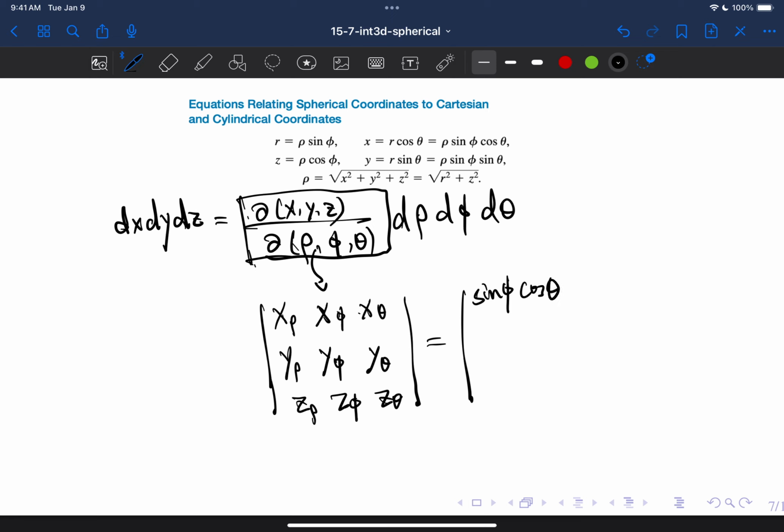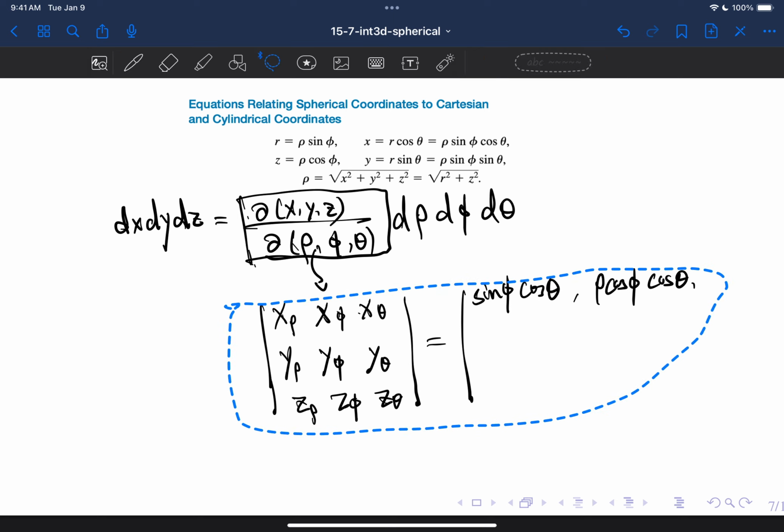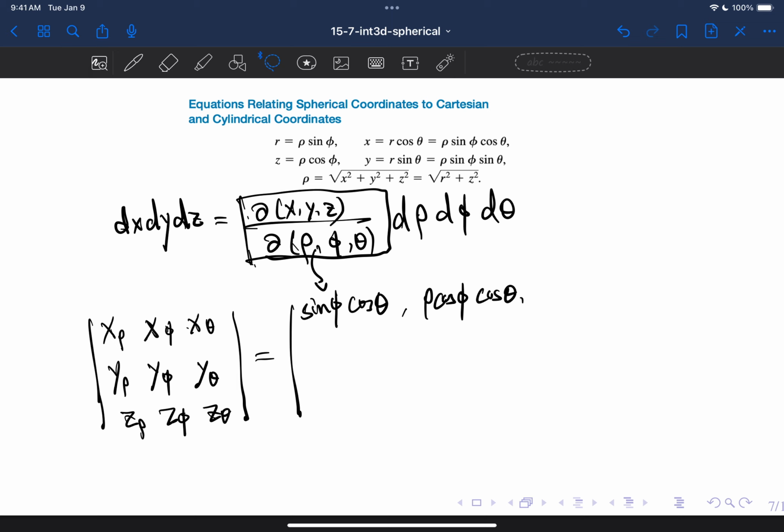And x phi is rho cosine phi cosine theta. And maybe I need more space, let me move this here. And x theta is rho sine phi sine theta, but with a negative sign.